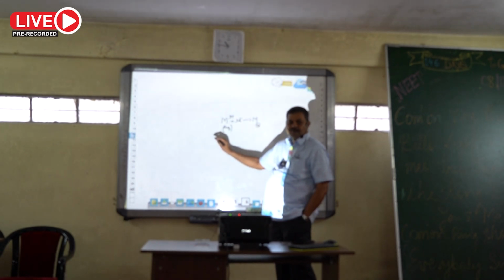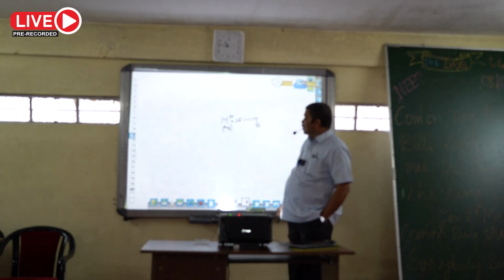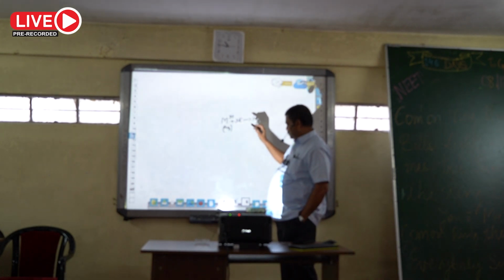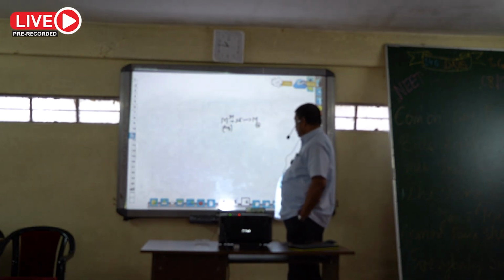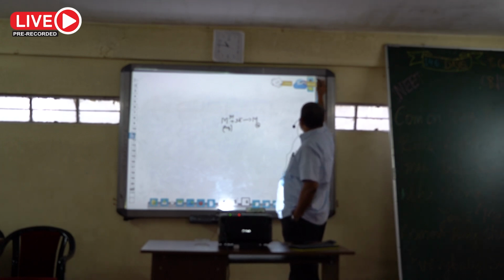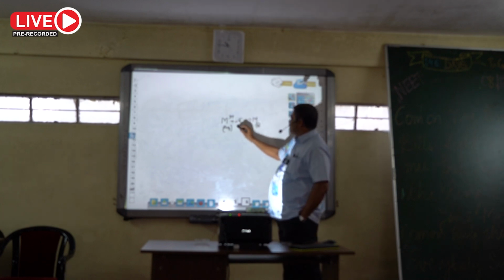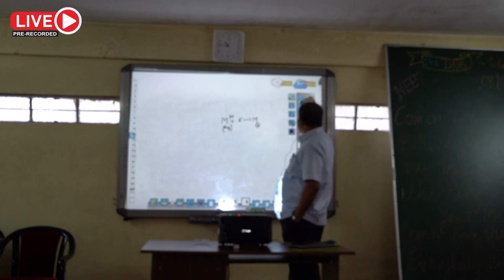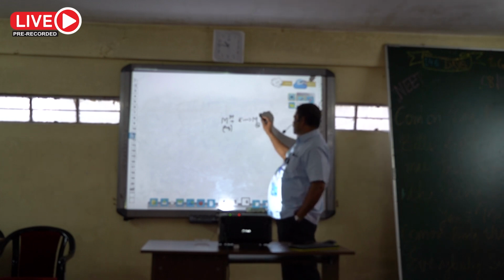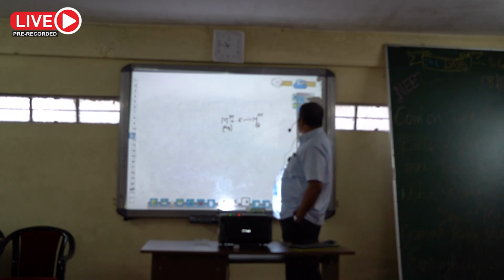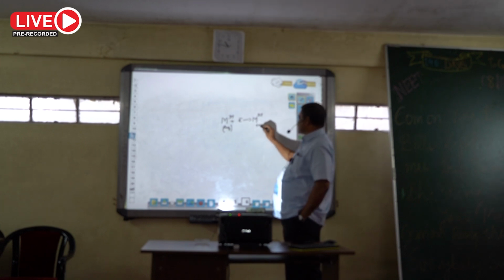Here it is written, changes from +3 to +2. That is given, not directly to the metal. So M3+ plus an electron gives M2+ aqueous.